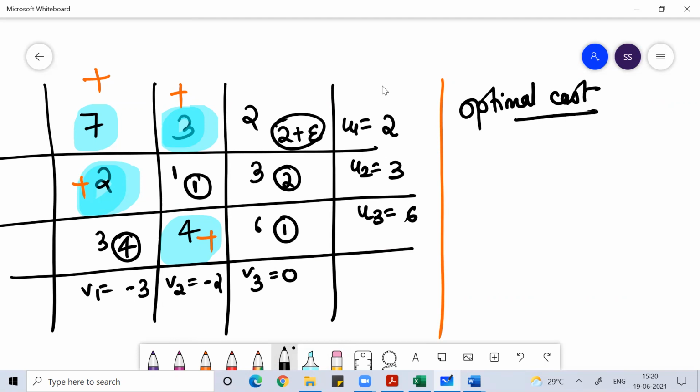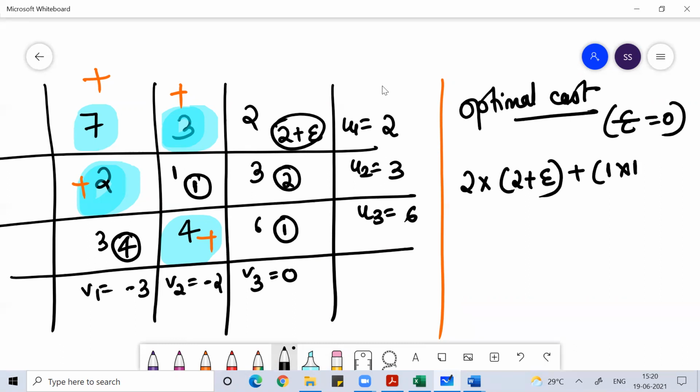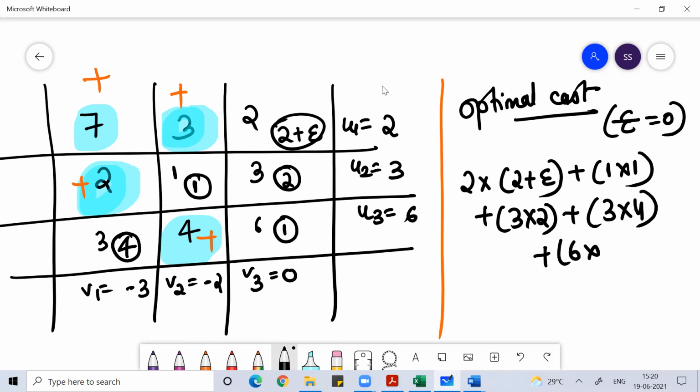So for my optimal cost here, understand that epsilon is like a dummy value. It has no value, so it's like zero something. So this would be 2 into 2 plus epsilon, which means zero only. Plus 1 into 1. Then 3 into 2 plus 3 into 4. Then 6 into 1.